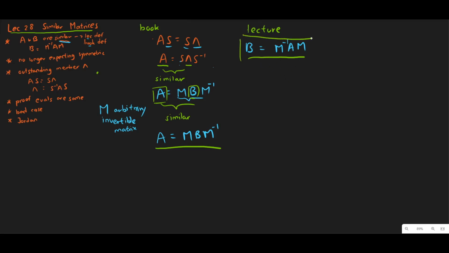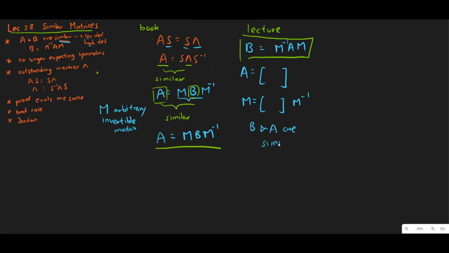B is similar to A if you start with A, some matrix, and then take any arbitrary matrix M and M inverse and multiply them, you get a new B. You say that B and A are similar.